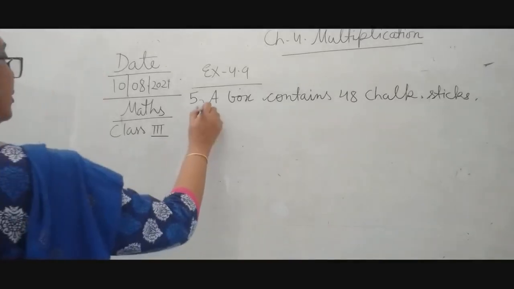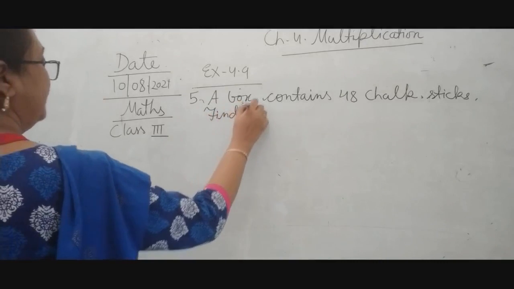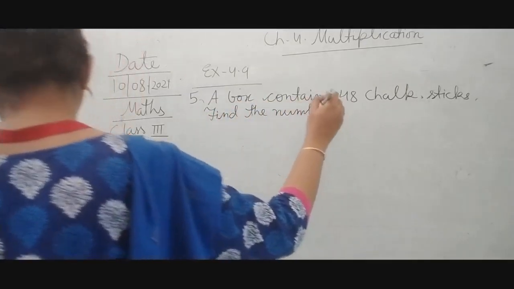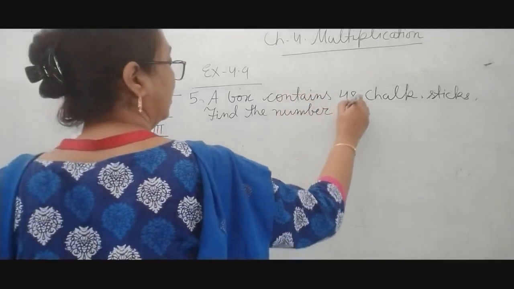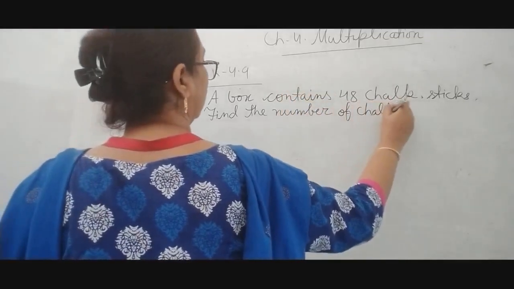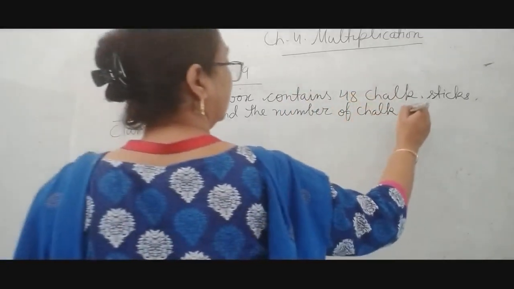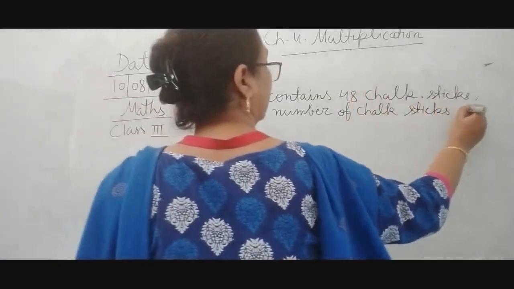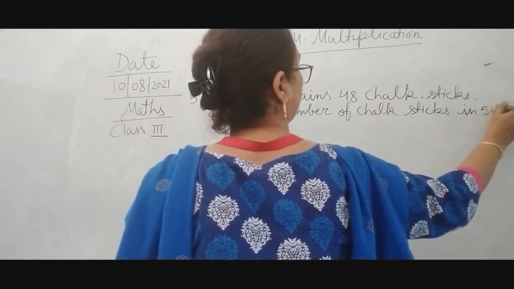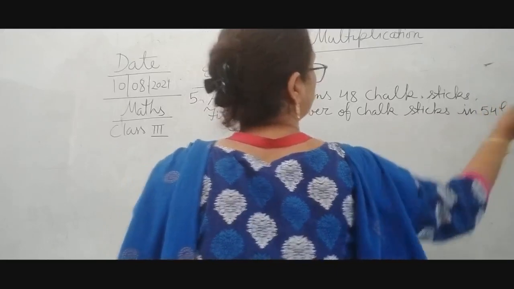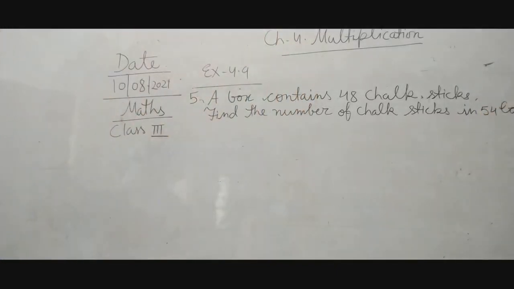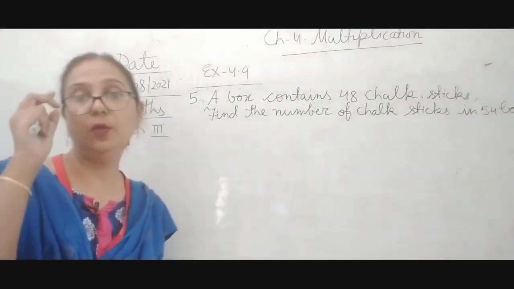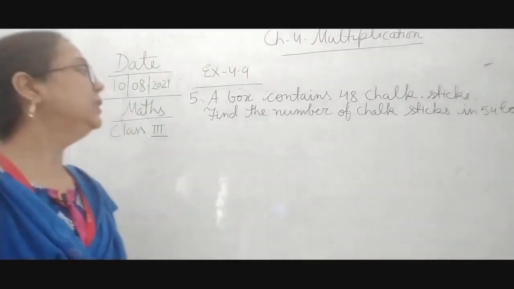Find the number of chalk sticks in 54 boxes. Okay. Now here the capacity of one box is already given over here.